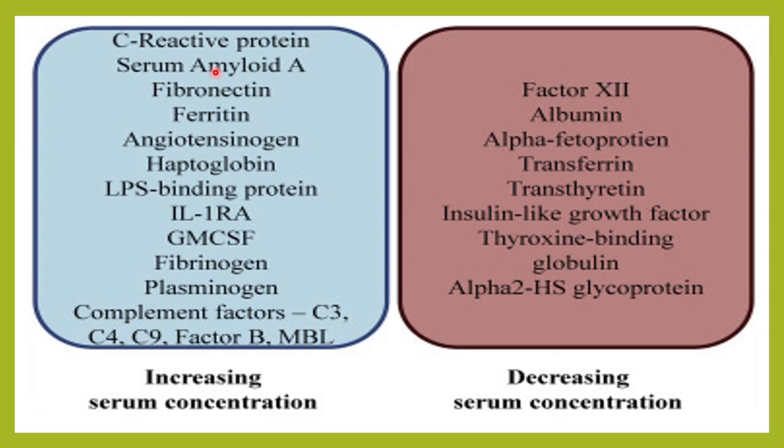Okay, so ESR and CRP, there is some difference between these two. ESR is actually the erythrocyte sedimentation rate, which we see in the lab. So it's not a protein or something which is produced by the liver, whereas these acute phase reactants are the ones which the liver produces, the body produces.